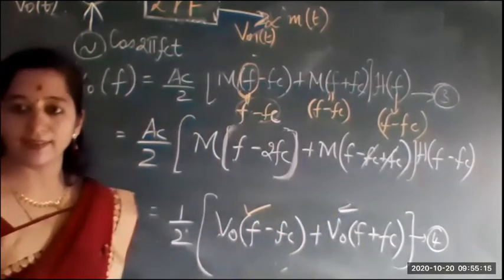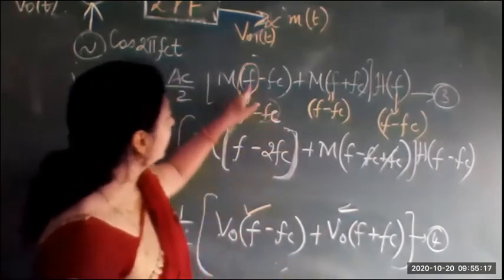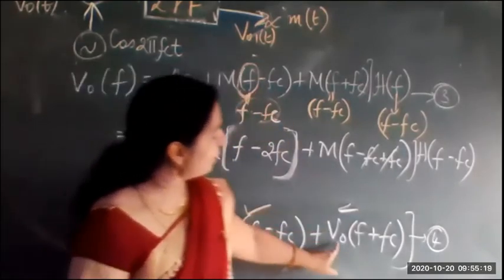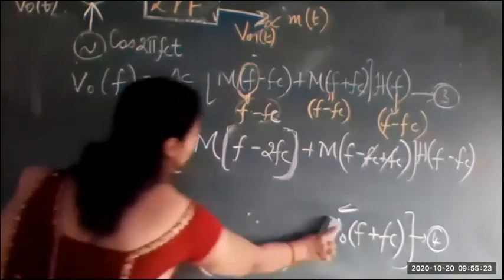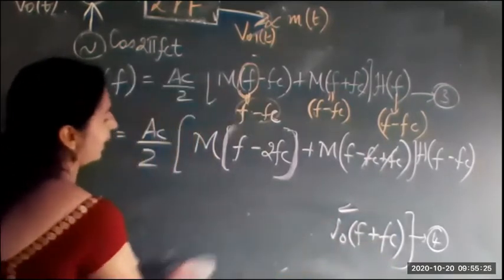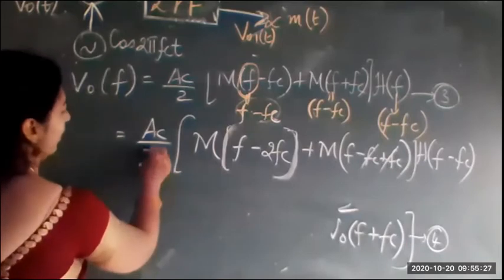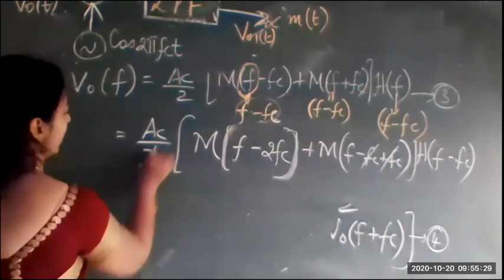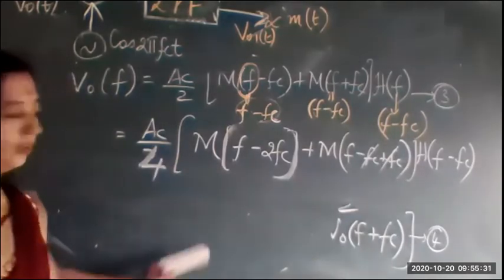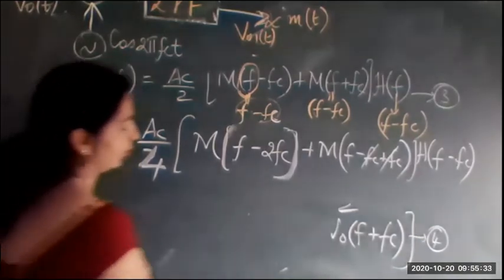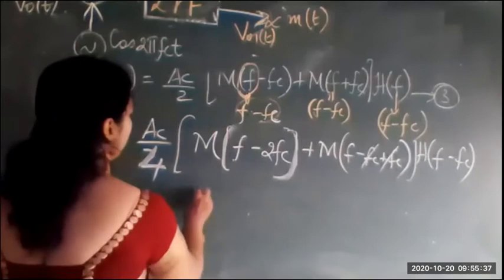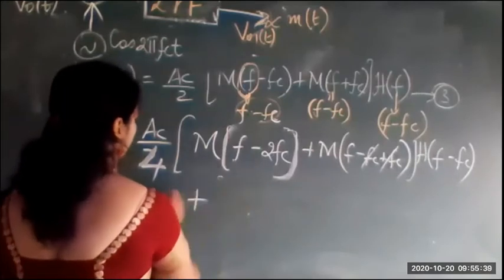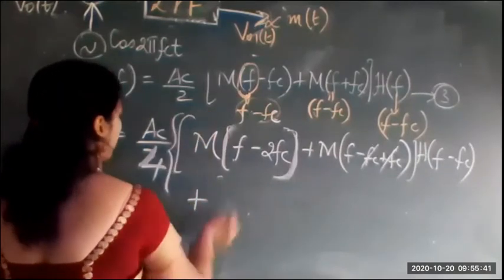What should I do next? I will replace all positions of F with F plus Fc. So next, I have a half here already and AC by 2. So this becomes AC by 4. There was a half in this equation also. So what should I do next? Plus the same AC by 4 holds good.